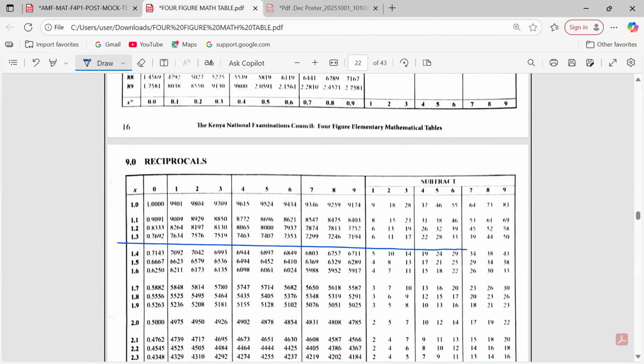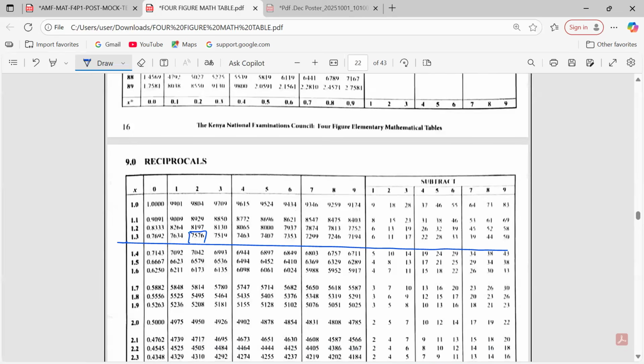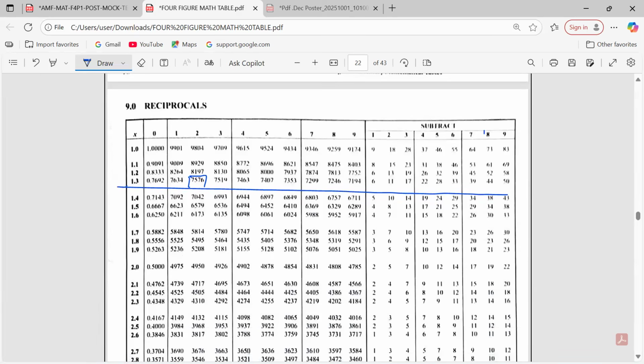So 1.3 is here. Then 2, so 0.7576. Then on the differences side, we check the column with 8. So the column with 8 is here. This is a 44.